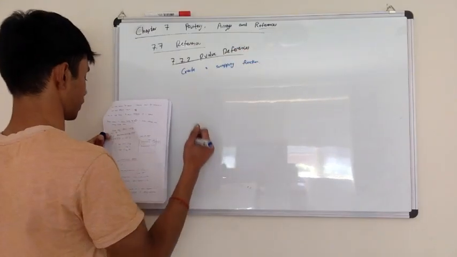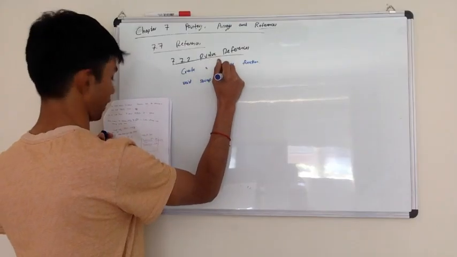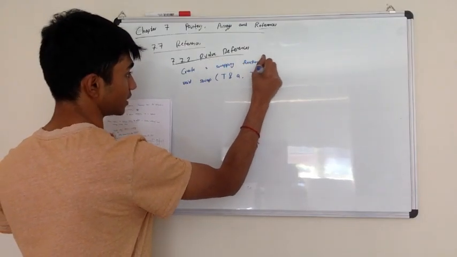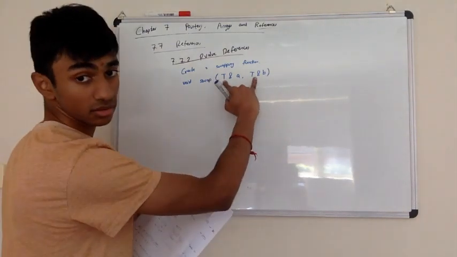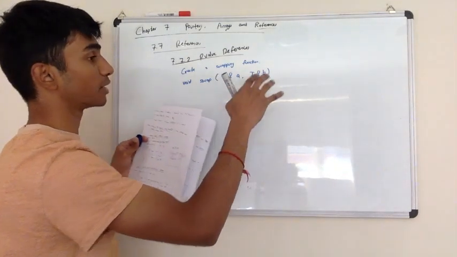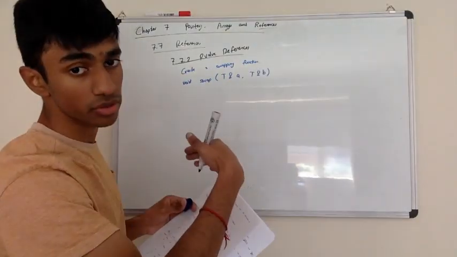The idea is you have void swap, and you take in a reference A, take in a reference B, for objects of type T, some generic type, and we want to swap the value that A refers to and the value that B refers to.